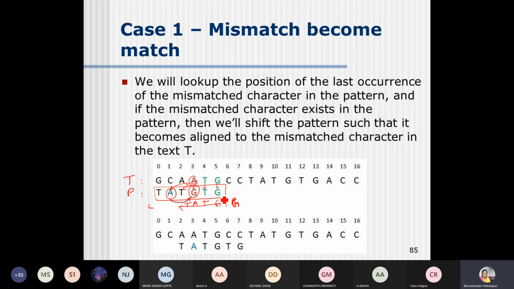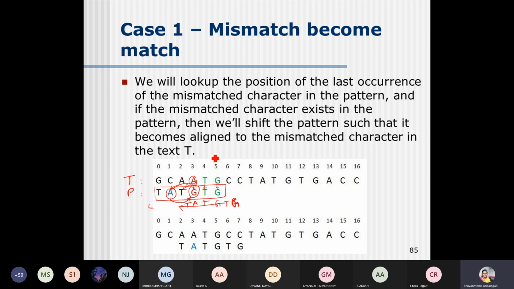So I will shift the pattern in such a way that the character which I got mismatched currently gets matched, on the assumption that there might be a pattern which matches.